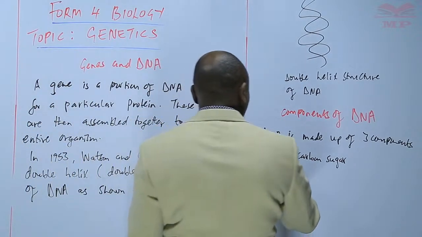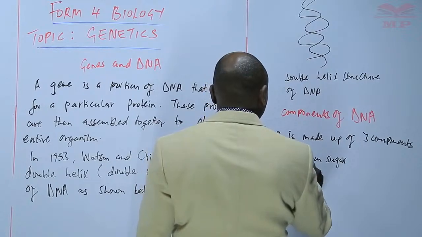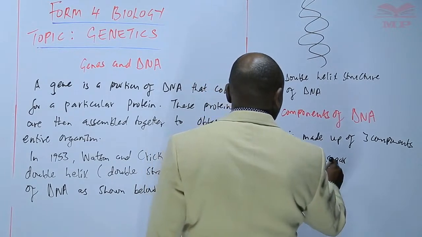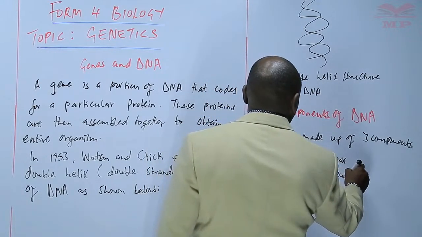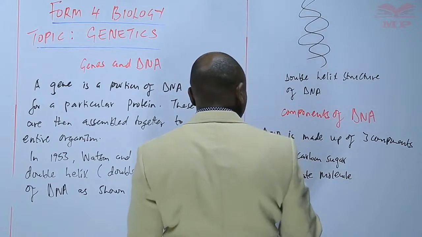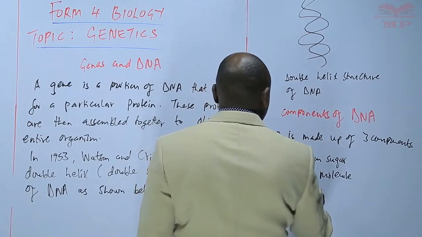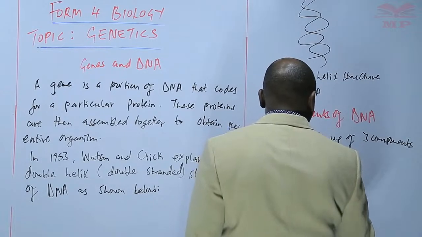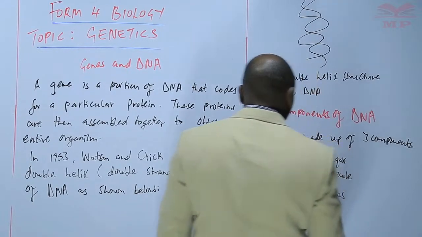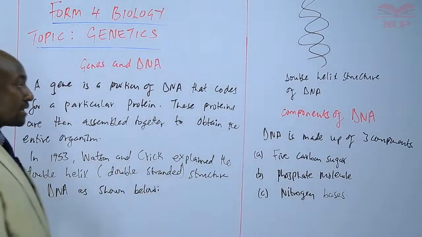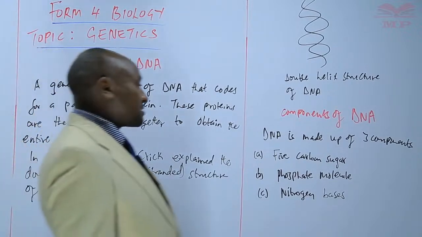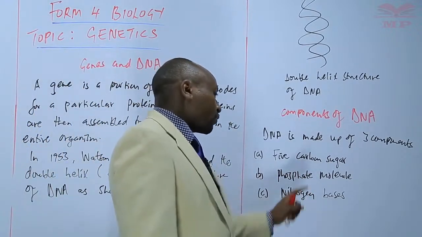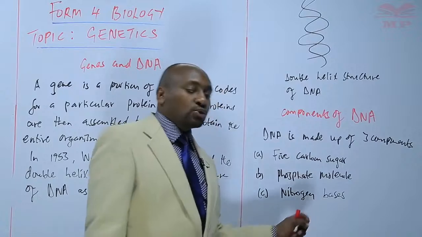Then a phosphate molecule, and a nitrogen base or nitrogen bases. So those are the three components of a DNA. There is a 5-carbon sugar, a phosphate molecule, and nitrogen bases.